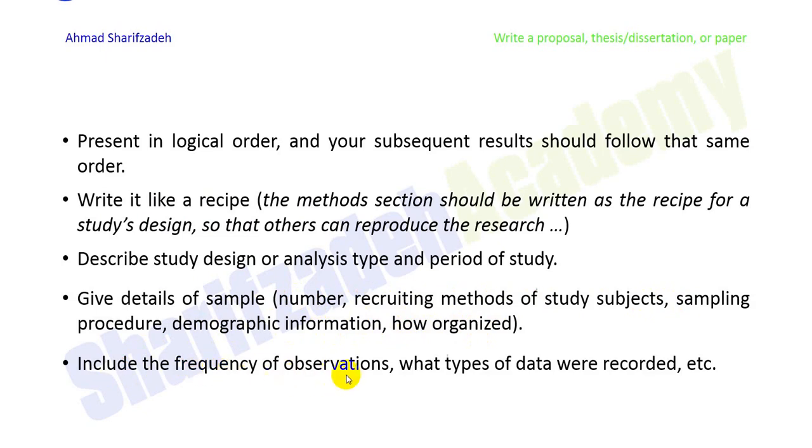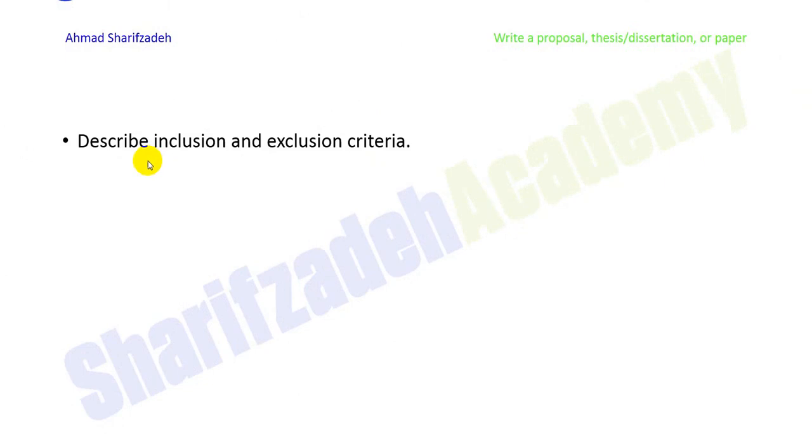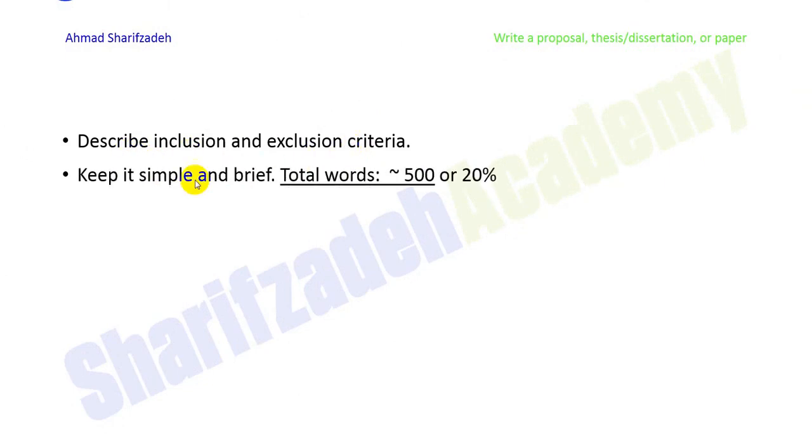Include the frequency of observations. If I have given 2 treatments, for example, or I have observed twice, thrice, 4 times, I have to talk about them. And the type of data recorded in each observation should be clarified. Here we have to describe inclusion and exclusion criteria.